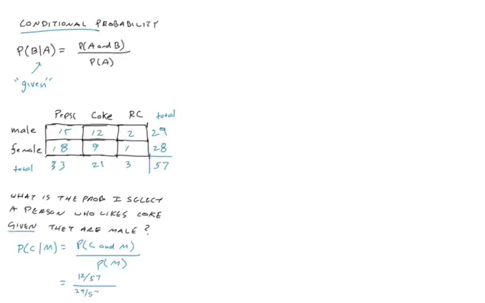This one's a bit easier. They are male is just 29 out of the grand total of 57. If we clean these up, let's review how we do a fraction. A fraction technically means division, so I'm going to divide these two fractions.